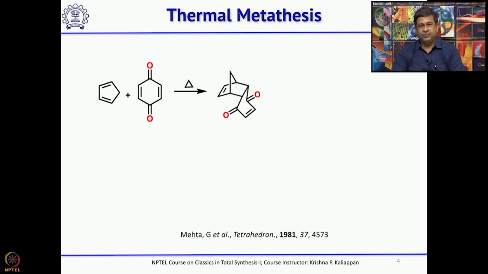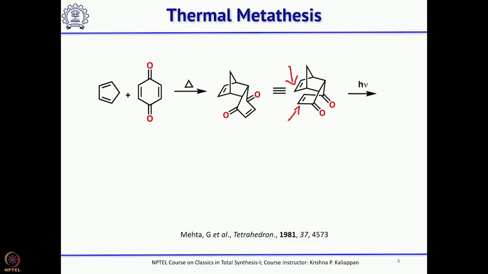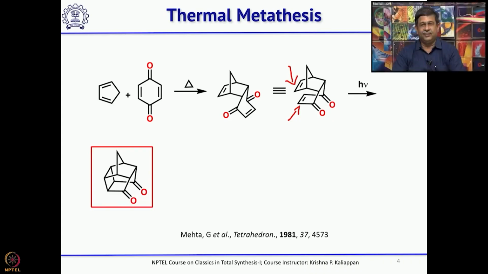And this tricyclic compound, if you redraw like this, now you can see this double bond and this double bond, they are close to each other, and this upon photochemical reaction can undergo an intramolecular 2+2 photocycloaddition to give this highly strained compound. Basically, in 2 steps one can get this highly strained compound. This was reported by Cookson, so it is called Cookson's dione.